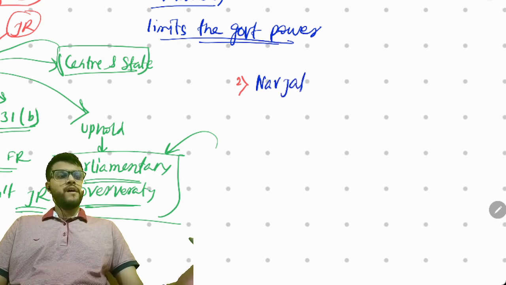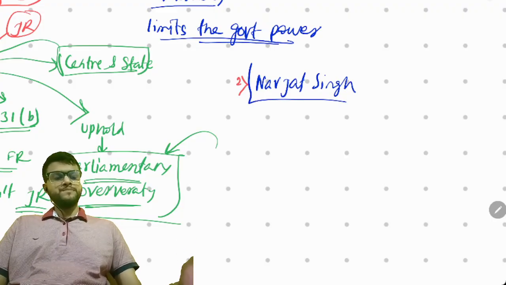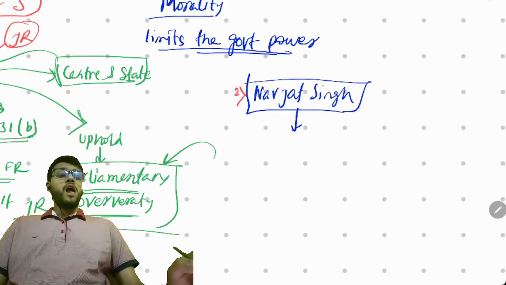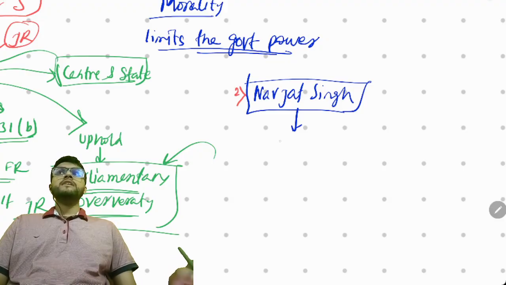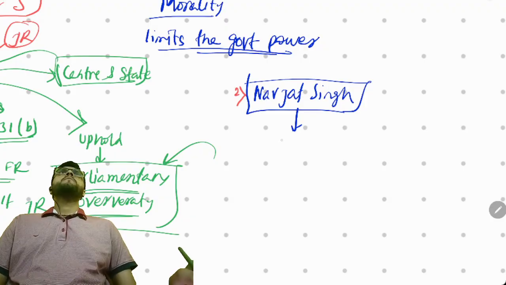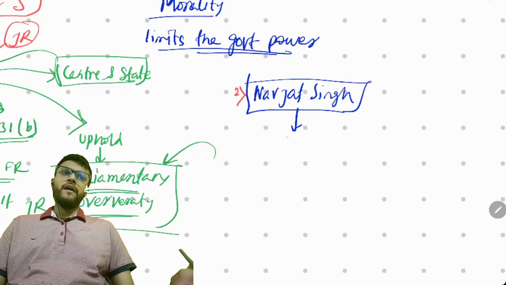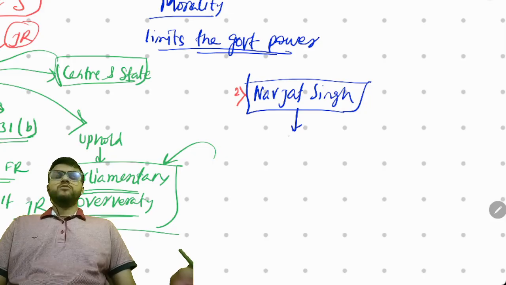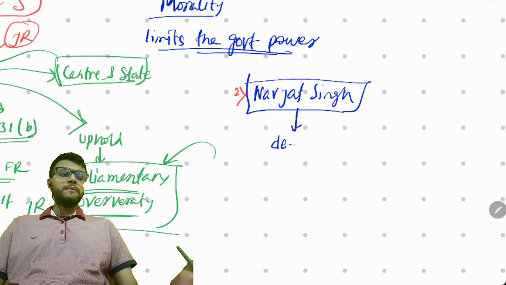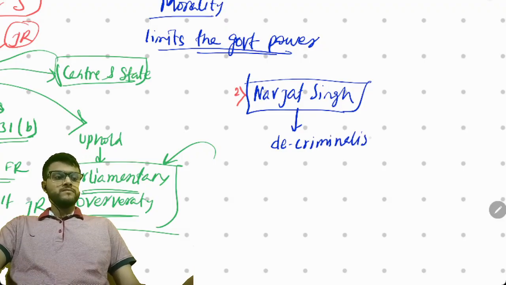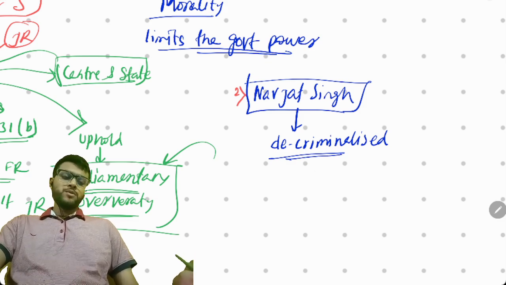In the Navjot Singh judgment, consensual sexual activity between the LGBT community can be valid, because previously in the BNS, consensual rights of LGBT were criminalized. So in the Navjot Singh case, these provisions were decriminalized.